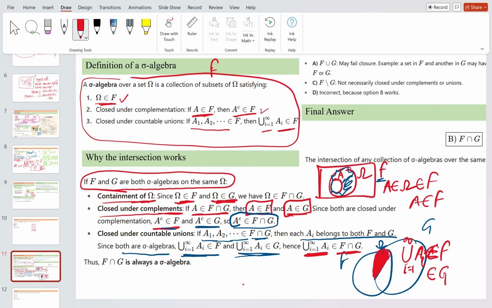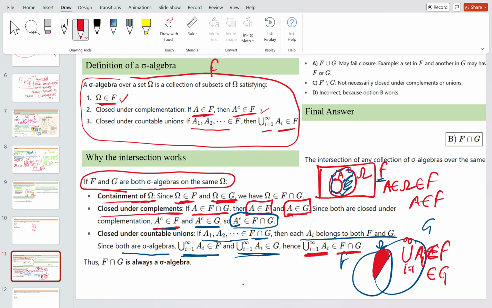F intersection G. It is very important to understand that if two sample spaces are there and there are some common elements between both subsets, their intersection, if both are sigma algebras of set omega, is also a subset of omega.